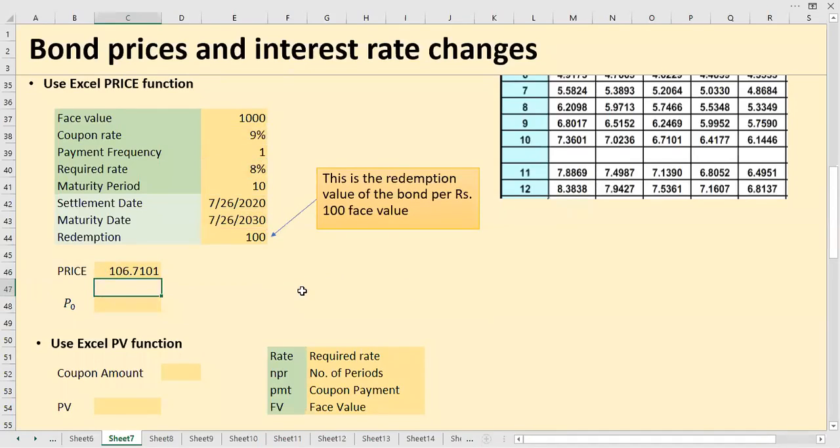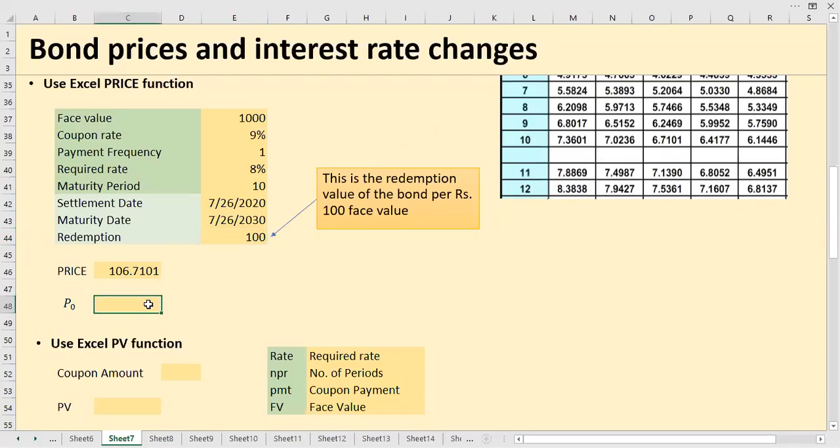So you get this value. You can see the price is coming as 106.7. Now this price is calculated for a redemption value of 100 rupees, but we have a redemption value of 1000 rupees. So how many hundreds for 1000? 1000 divided by 100 is 10.